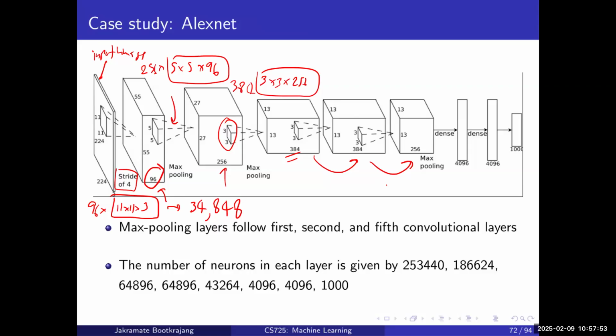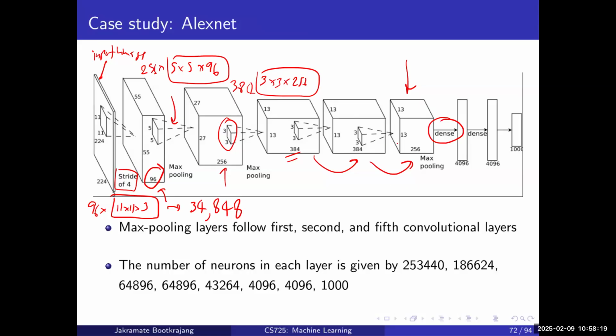And once you reach this layer, you have 13 by 13 by 256, right? So these are the number of pixels, like number of numbers in the image, and then you do the dense.